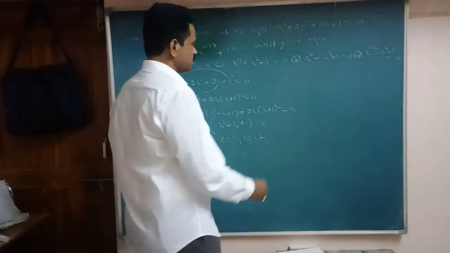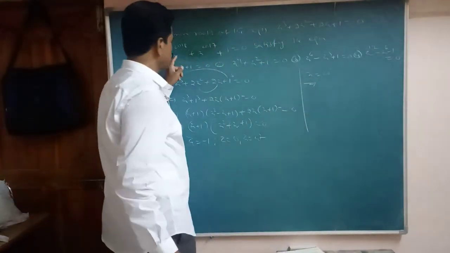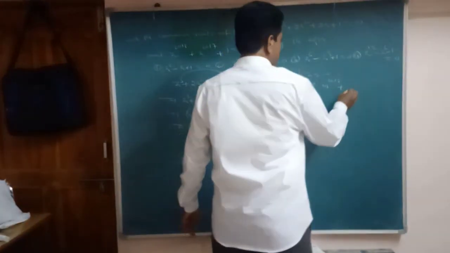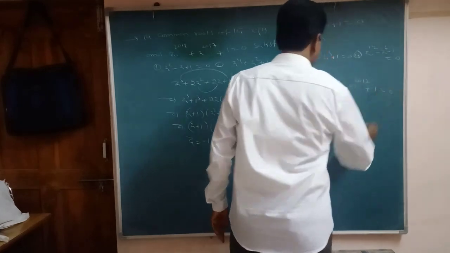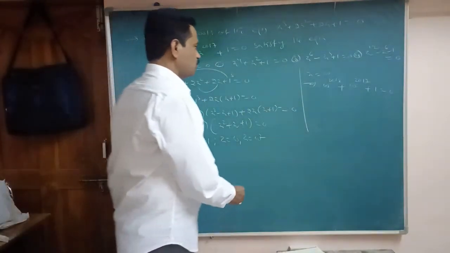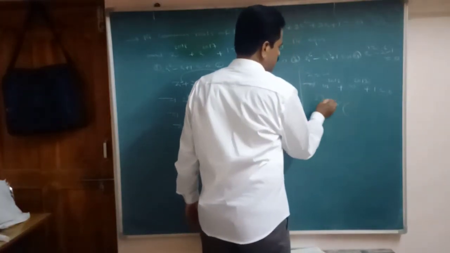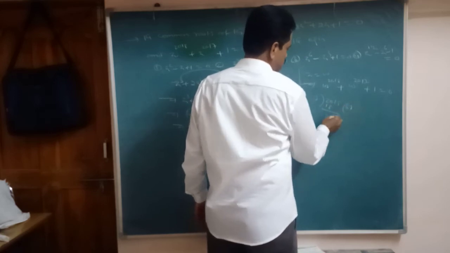So z equal to omega, substitute in this one: omega power 2018 plus omega power 2017 plus 1. If it is satisfied, then z equal to omega substitute in the options. So 2018, how many times 3? 3 times 6 is 18, then 2, 0, 1, 8.